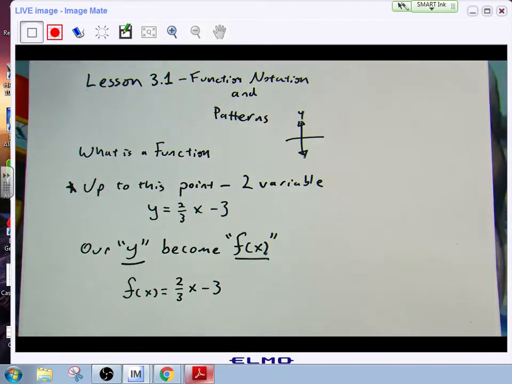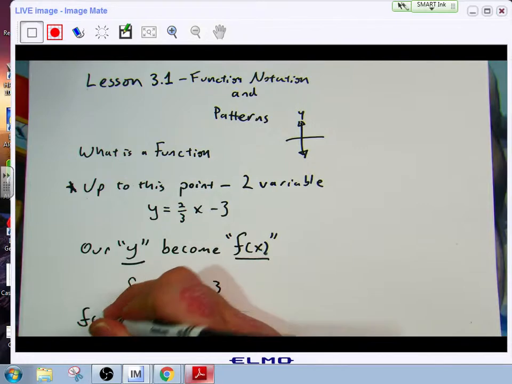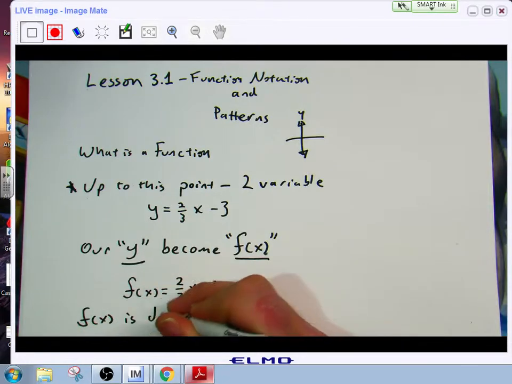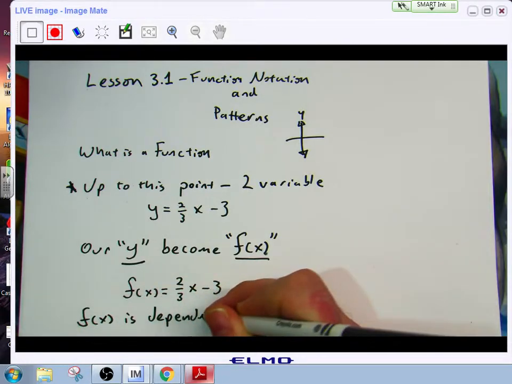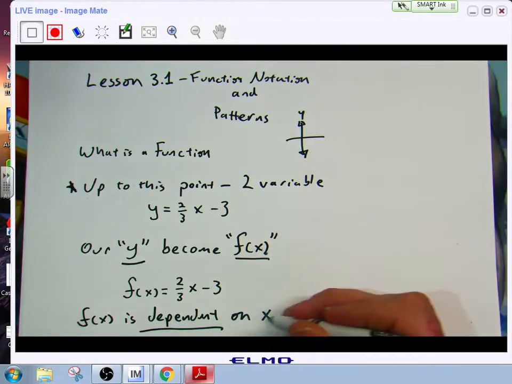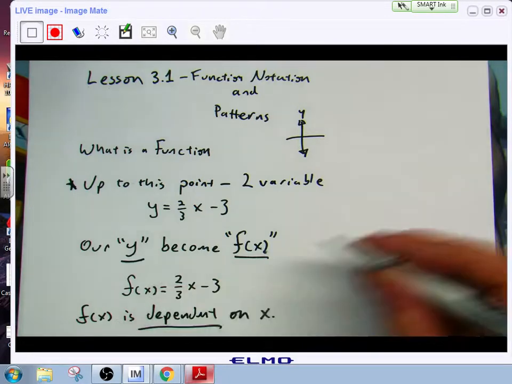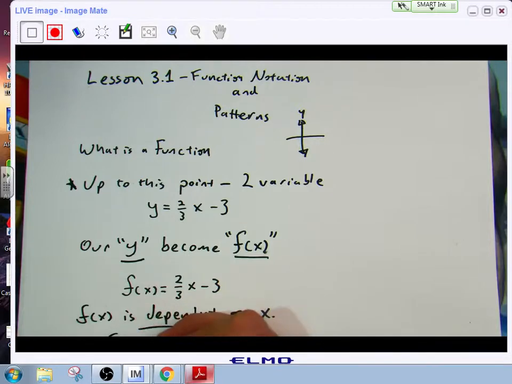With a function, we're saying it's dependent on x. So f of x is our dependent variable.